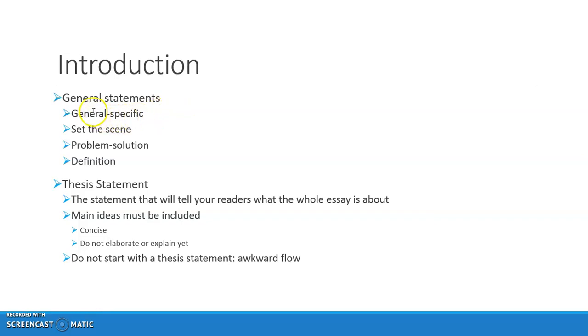So the first sentence is a very general sentence, and then the second sentence will be a bit more specific than the first one, and then the third and following sentences will be more specific, and the last sentence, which is the thesis statement, is the most specific sentence in the introduction.